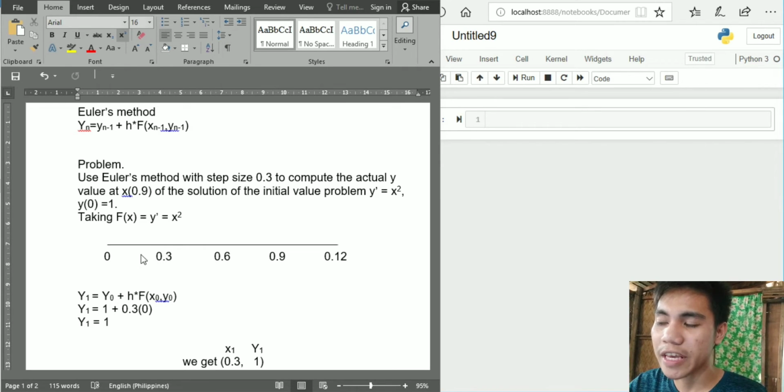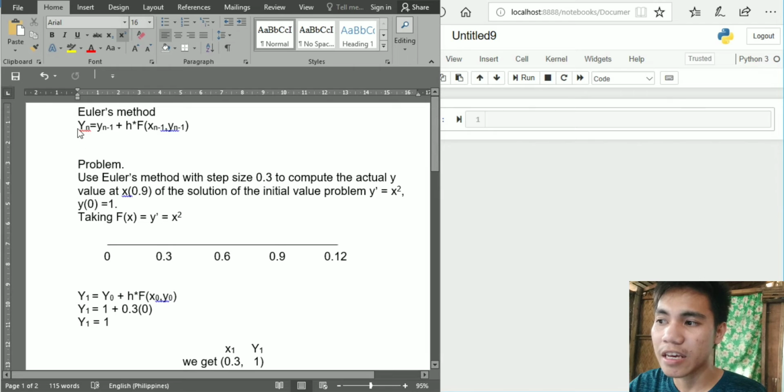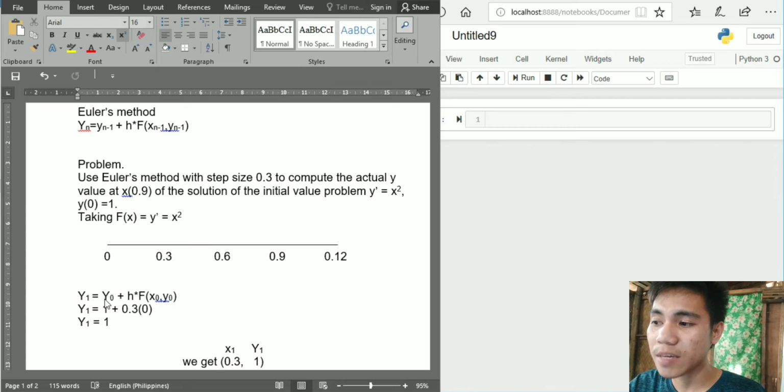So for the first value of n, which is 1, we are just going to put the Euler's method here, and then we are going to substitute the corresponding values. So y sub 1 is equal to y sub 0 plus height times the function x sub 0, y sub 0. The value of y sub 0 is indicated here.